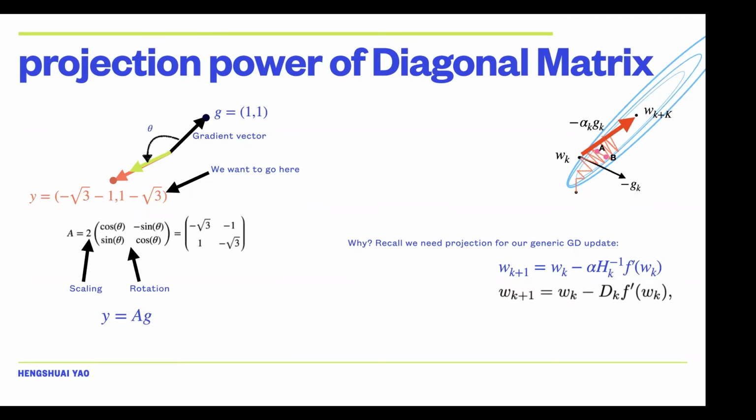But hold on, take a look at this diagonal matrix, alpha. Calculate this a little bit in your mind.